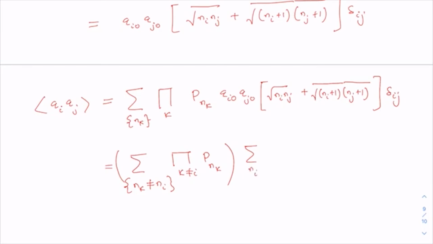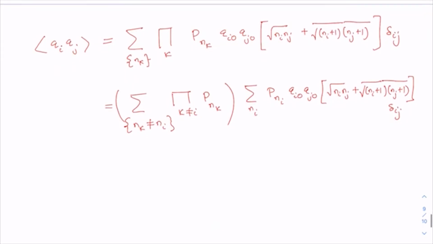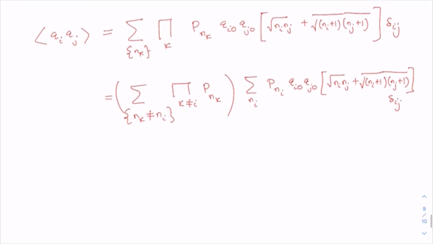And when nk is equal to ni, we have p ni, and I have qi0 qj0 and the term we already have, square root of ni nj plus square root of ni plus 1 nj plus 1 delta ij. This mathematics may look a little cumbersome, but it is actually not that difficult, and you will get a very useful result, so it is important to know how to do these calculations.